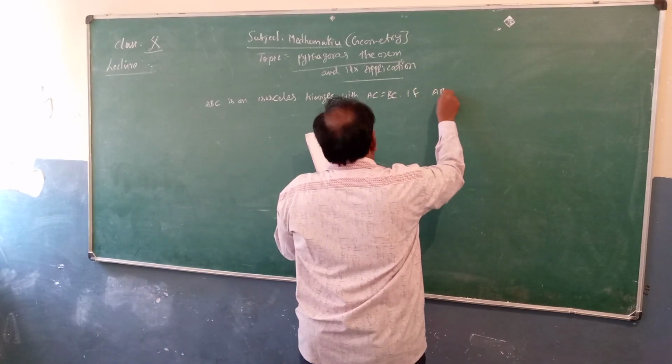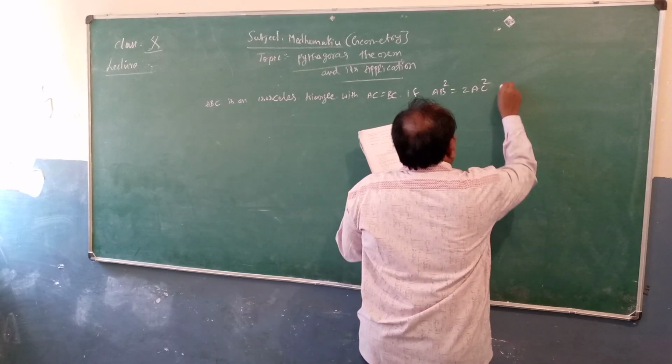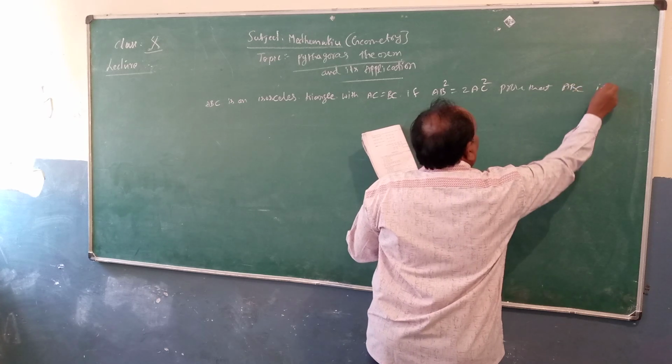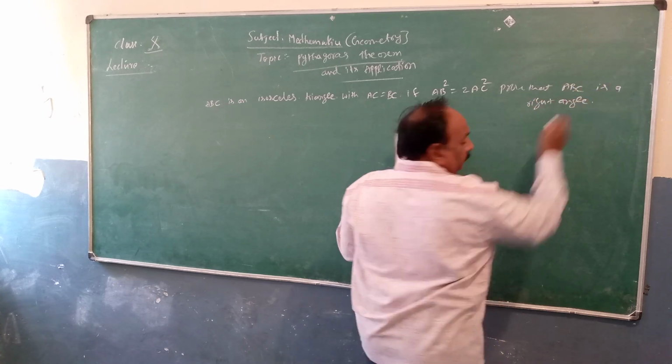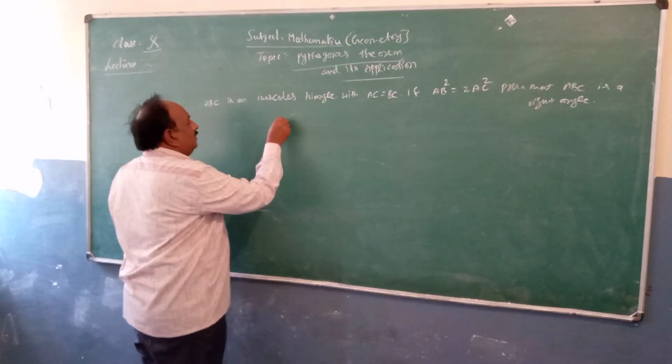If AB squared is equal to 2AC square, prove that ABC is a right angle.